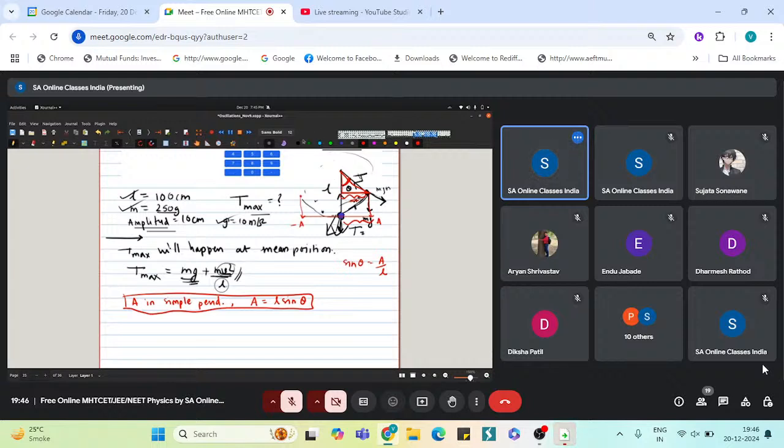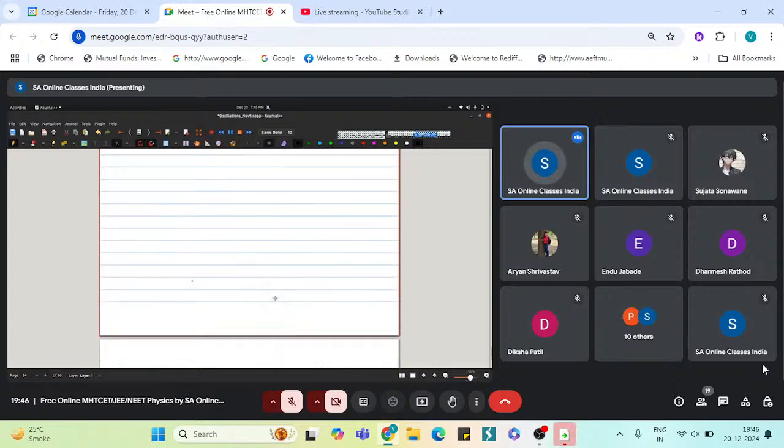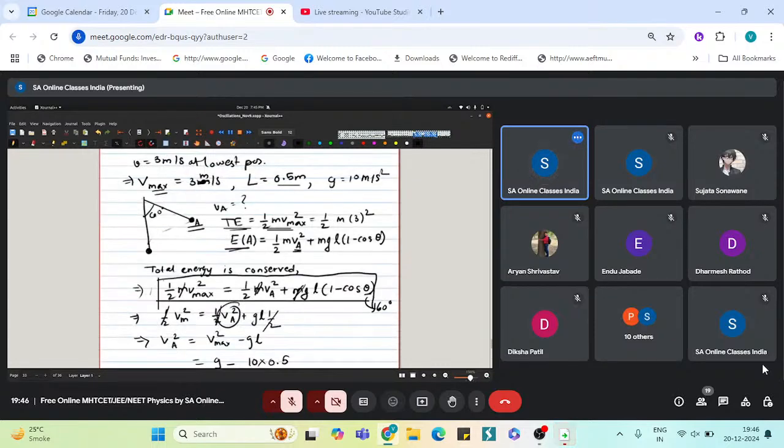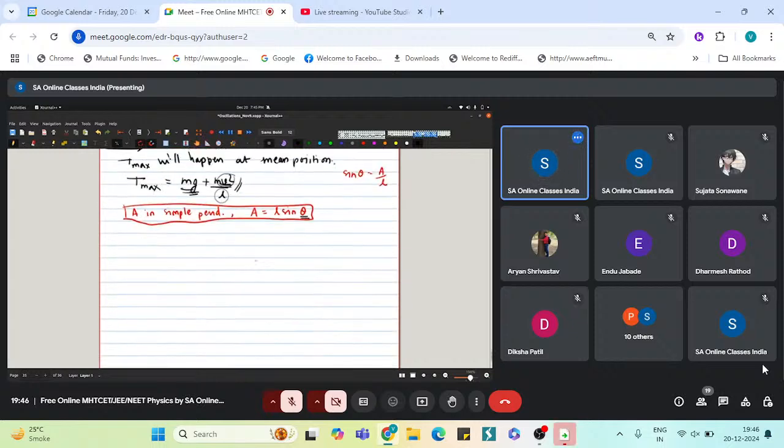And now we have this theta here, and we will again look at the same formula. Let me write that down again: m v max square, and this time we need v max square, because that is what will go here in mv square. Oh no, I forgot to write m.